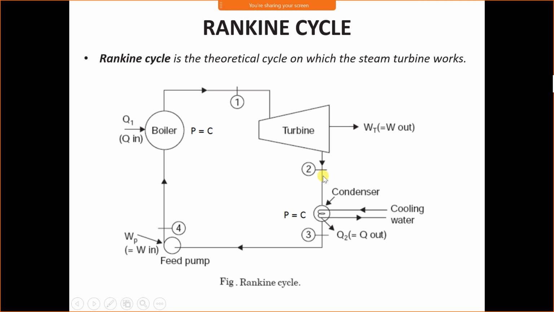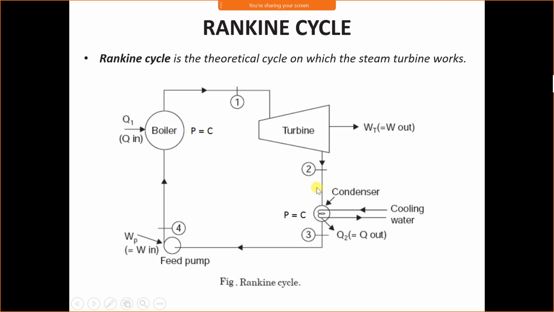That steam at low temperature and low pressure enters the condenser. Low temperature does not mean atmospheric temperature, it is about 300-400 degrees Celsius. And it is not condensed, it is not completely liquid, it is a mixture of water and vapor.